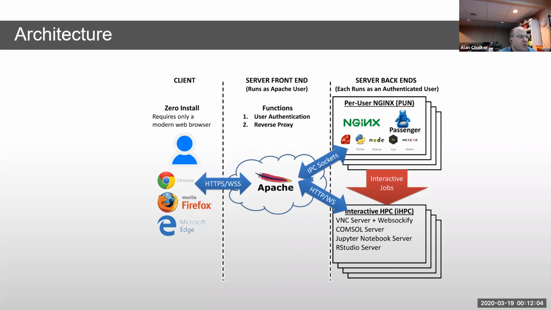So when you connect in, what you're connecting to is a lightweight Apache instance that's running as the Apache user that serves two primary functions. The first one is it authenticates the user. If there's one area that is the challenging part of setting up OpenOnDemand, it's generally the user authentication. And that's because every site has their own little flavor and different spin on this.